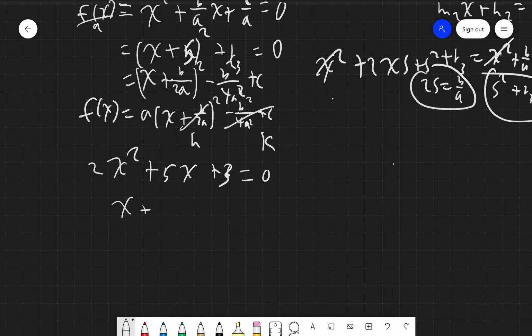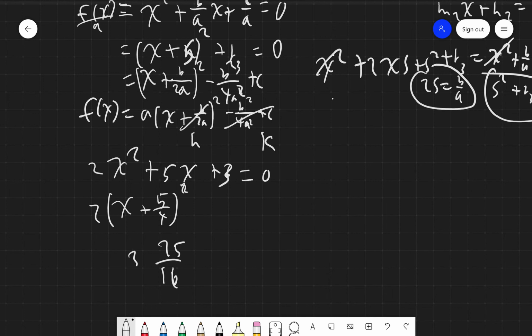So if we factor out the 2, we're gonna end up with 2 times x plus b over 2a, which is 5 over 4, squared. Now we can use our formula, but we can also just use our logic. I think I got this correction factor wrong. But if you do this, you get 25 over 16 as an extra.